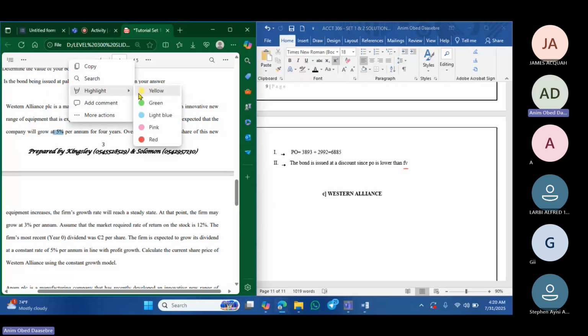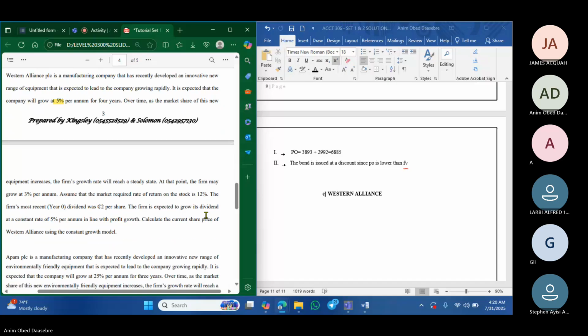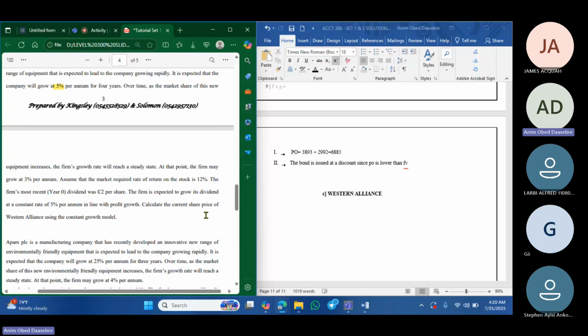So one key information: per annum for 4 years. Over time, as the market share of this new equipment increases, the firm's growth rate will reach a steady state. At that point, the firm may grow at 3% per annum.